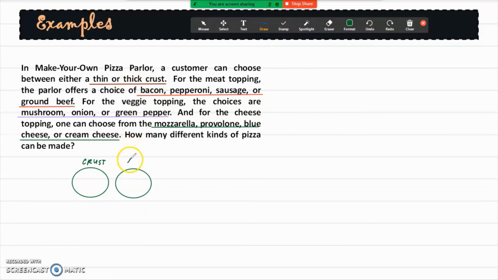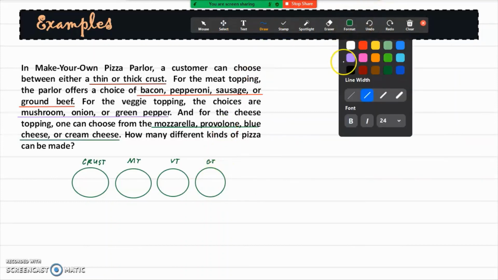So let's have it as empty. The third circle will contain the number of options that we have for the veggie topping. So that's VT. And for the cheese topping, that will be our fourth circle. And let's have it as CT.